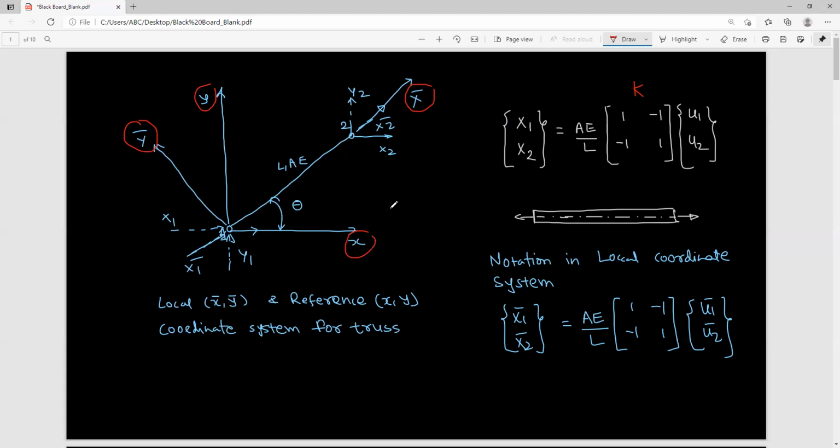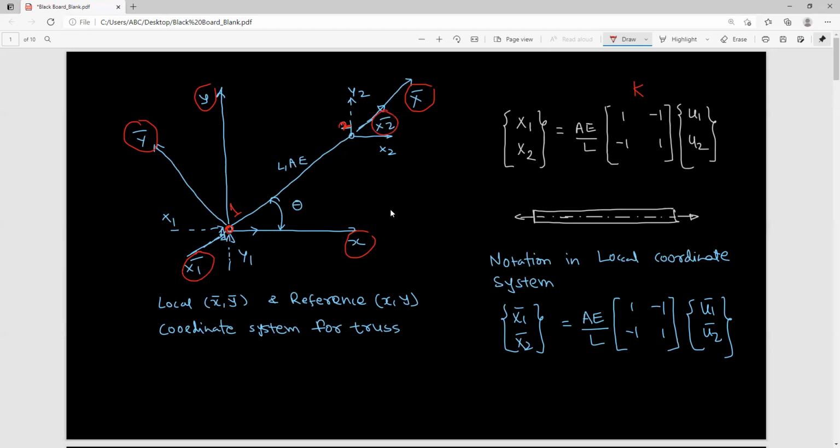Now about the forces. You have seen that truss members can only have axial forces. So this is joint 1 and this is joint 2 that the member of the truss has, and it is oriented in the counterclockwise direction from the x-axis, that is the reference axis, by angle theta. Now these two nodes have, of course, the axial forces, that is x1 bar and x2 bar.